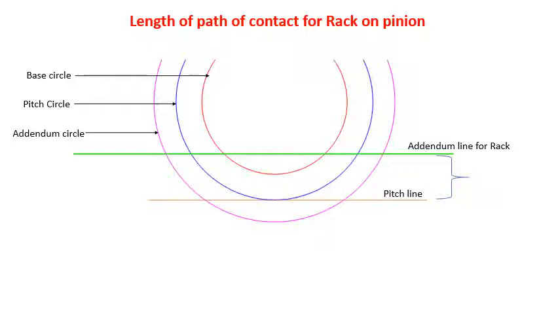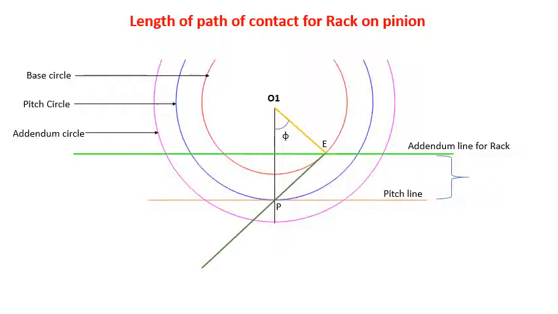Okay. So to derive the length of path of contact, let us draw an addendum radius line, then the tangent line to the base circle. The center of the base circle I am going to call O1, and the point where the tangent line touches the base circle I will call E. Let me draw a line from E to point O1, and the angle made by the lines is phi.